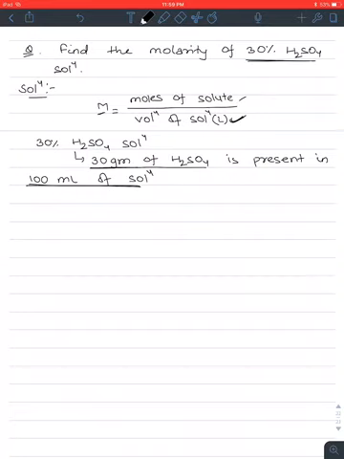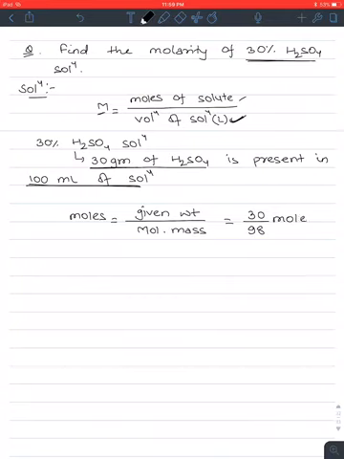We have to find moles of solute. Now from weight of H2SO4 can we find moles? Yes. How can we find moles? So number of moles is equal to given weight divided by molar mass. So this is equal to 30 divided by 98, and this is moles of H2SO4. Volume of solution is 100 ml. So now we can put the value and get the molarity.